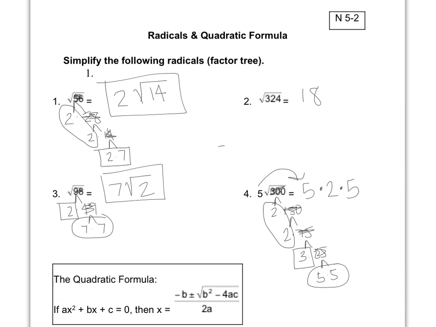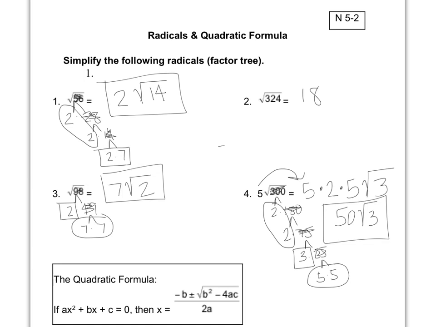So if you're bringing out more than one number, you'll be multiplying them. And then whatever is boxed in stays under the radical. So 5 times 2 would give you 10, times 5 would give you 50, square root of 3. Again, you could type in 5 square root of 300 in the calculator, 50 square root of 3. Those should be the same decimals.